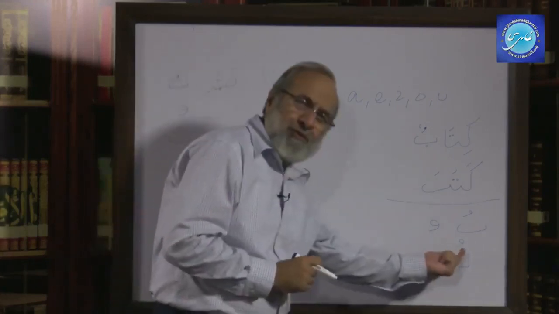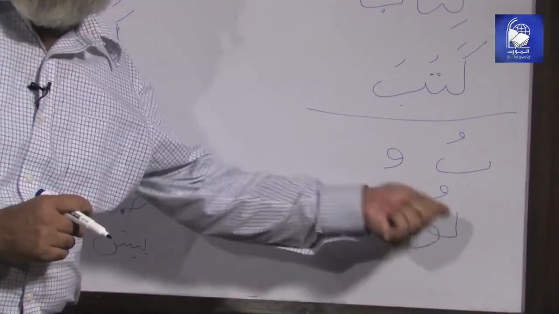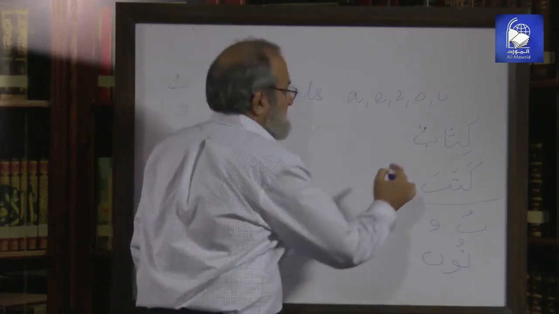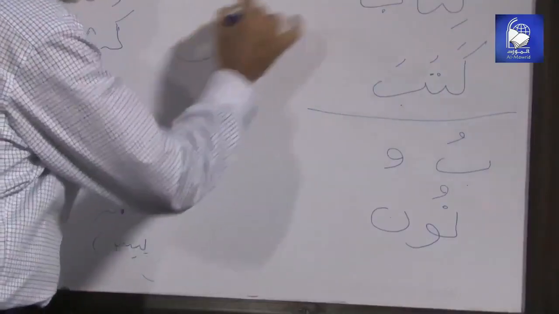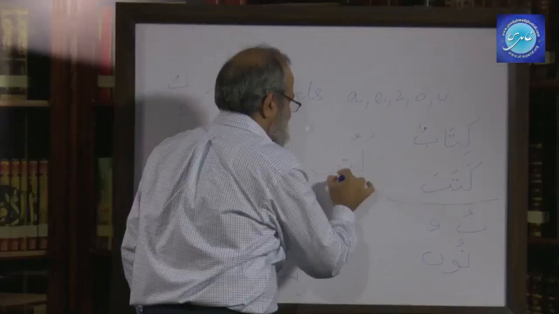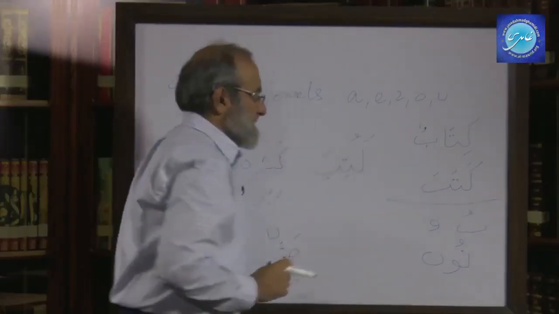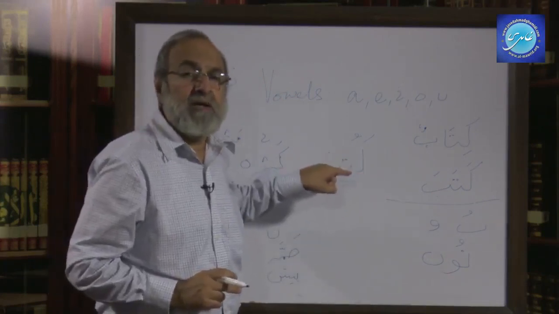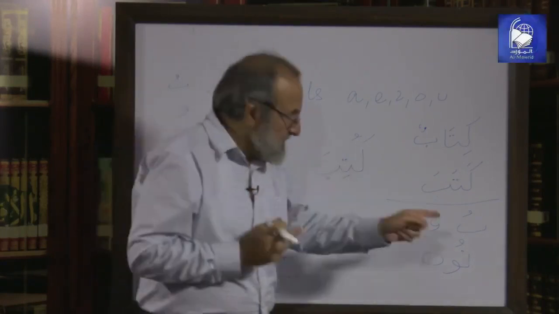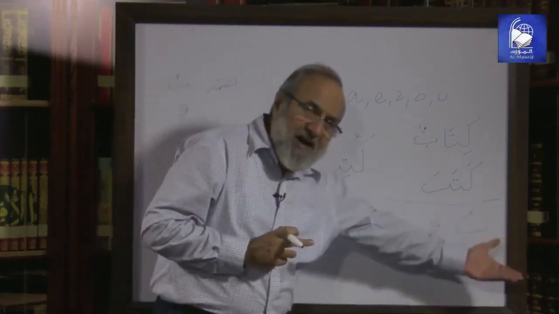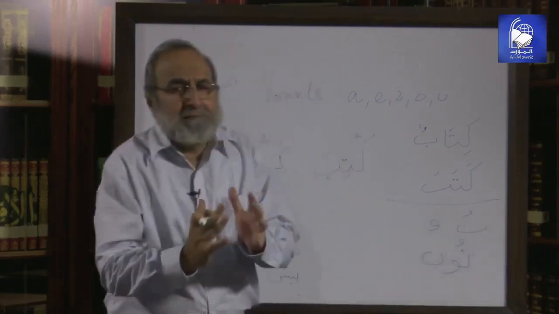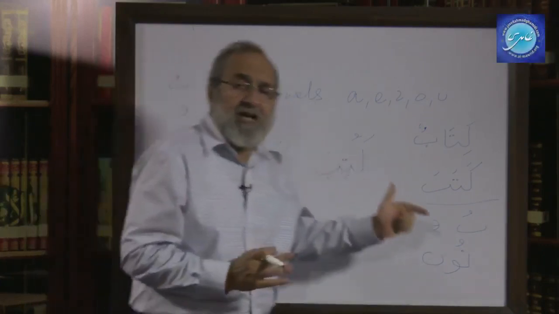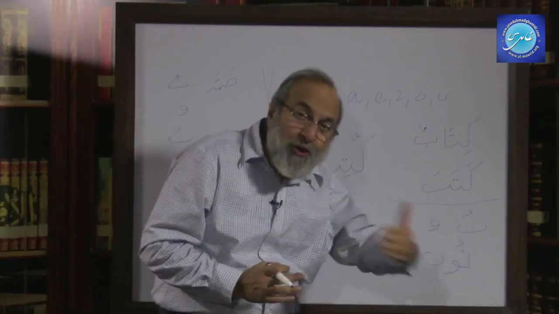So the sound of this dhamma is doubled. Let's say we used this dhamma in kutiba. Did you hear that it was just ku, not noon? Now, because it has been followed by a vav, the partner alphabet of dhamma, it's now noon. It's longer.